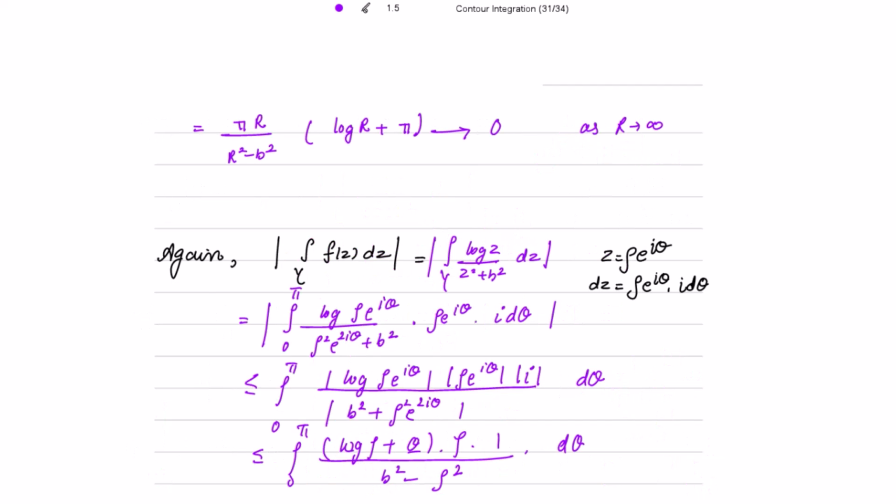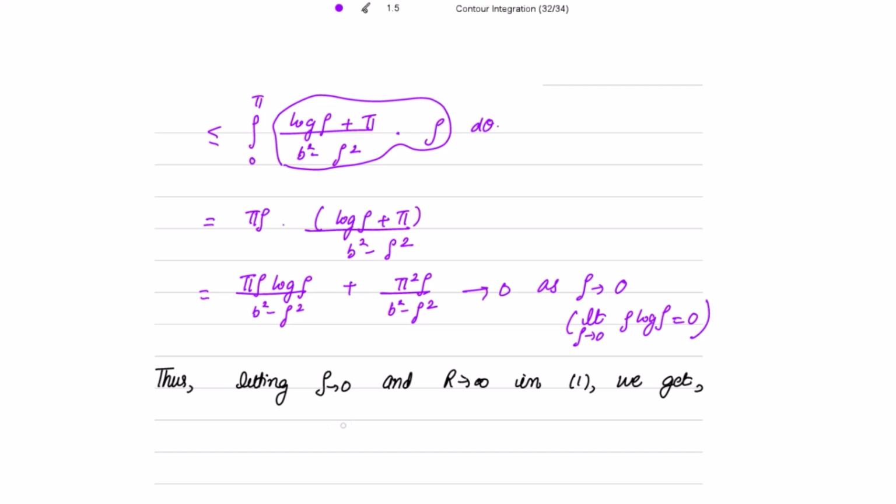So letting rho tends to 0 and r tends to infinity in 1, we get the second and fourth integrals vanish, and the rest remains. Because r is tending to infinity, minus r will become minus infinity, to 0 because rho is tending to 0. So this is the integral of f of x dx plus the integral from 0 to infinity of f of x dx equal to pi over b log of iota b.